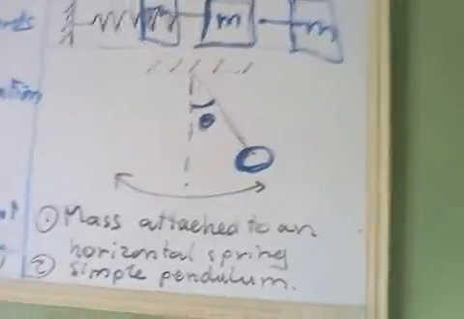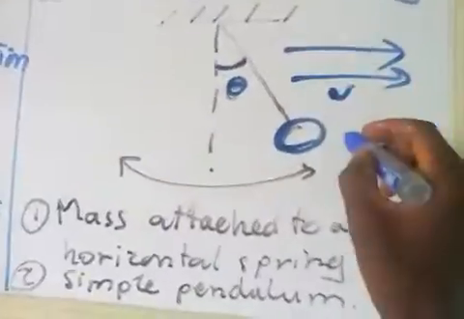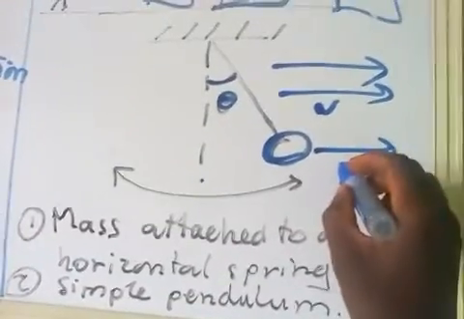What does it mean? I want you to note something. When an object is moving along a direction, the velocity will always be along the direction of motion. Now, when the acceleration is positive, the acceleration will also have the same direction as the velocity. But when the acceleration is negative, the acceleration will have the opposite direction.